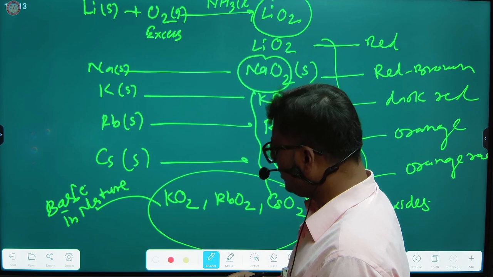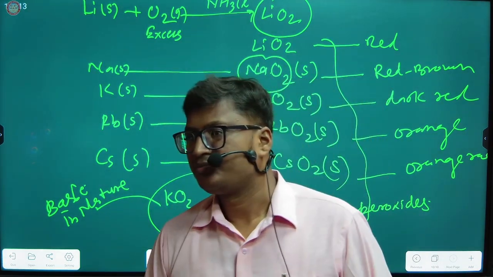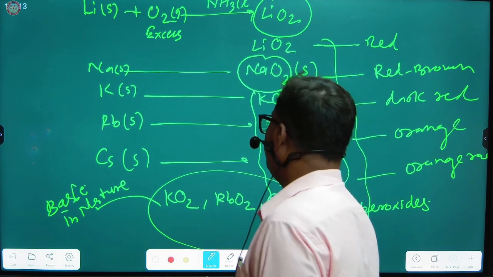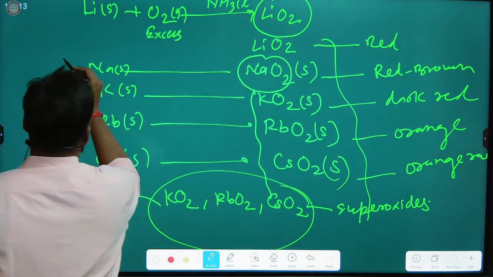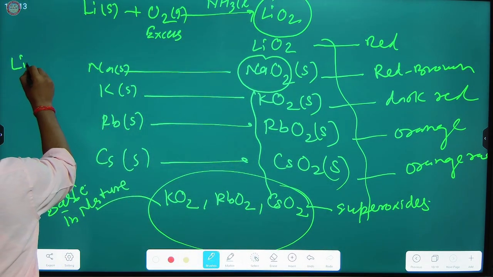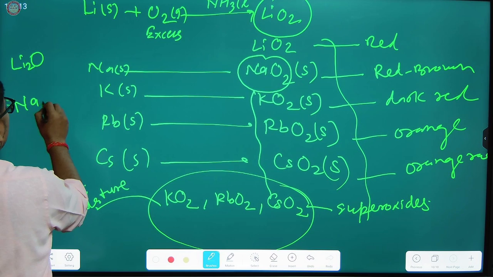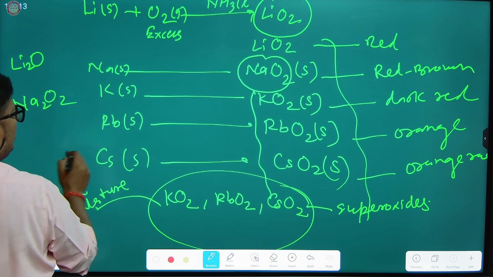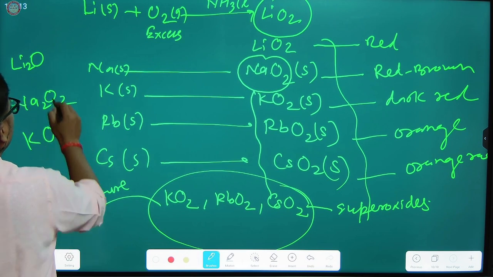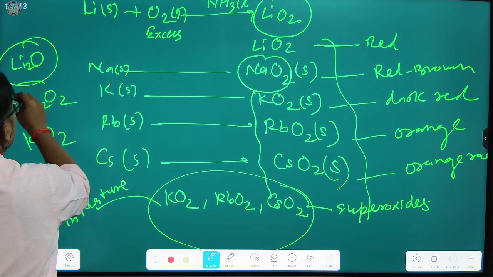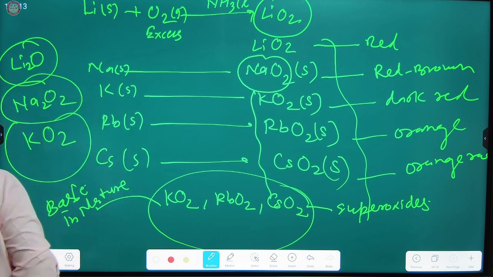So in the alkali metal family, normal oxides are basically formed by lithium, Li2O, in case of peroxide Na2O2, and in case of superoxide, KO2. So this is oxide, this is peroxide, and this is superoxide.